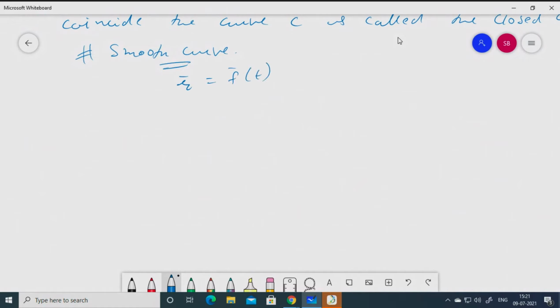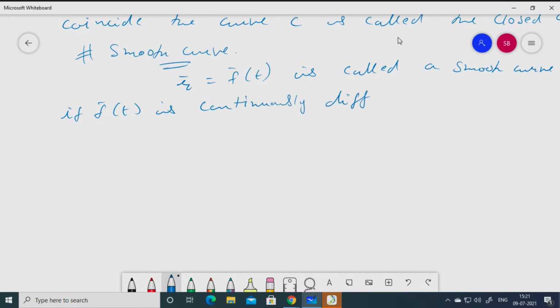This curve is called a smooth curve if f bar of t is continuously differentiable. Then we say that the curve r bar is a smooth curve.